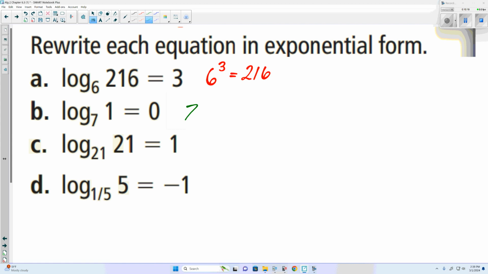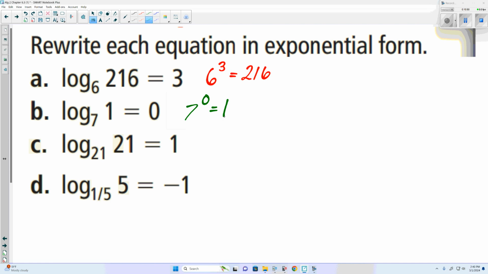So we would have 7 to the 0 equals 1. Because if there's not an exponent written, it's understood to be 1. So 7 to the 0 is a little bit different than 7 to the first, 7 to the 1. The only one that we don't necessarily have to write is the first power. But with these here, we'll go on and write it just so that we see it and we know that we are converting correctly.